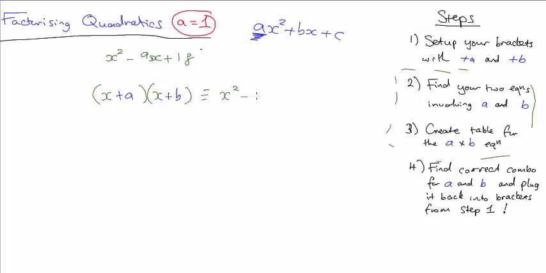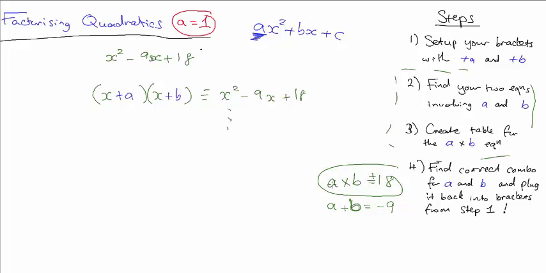We're trying to find the a's and b's which are going to give us x squared minus that. Alright, and then you do your thing, and you should get to two numbers which multiply to give you 18, and also add to give you minus 9. So we're just focused on this. Now straight away, you should be thinking, look, you need two numbers which multiply to give you positive 18.